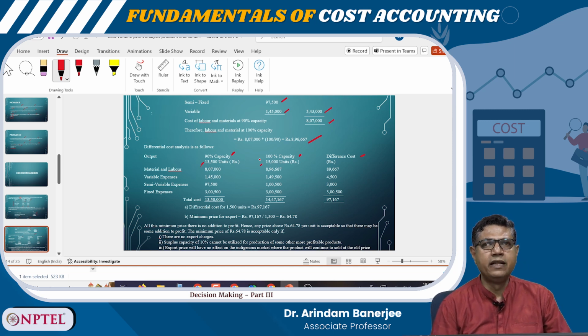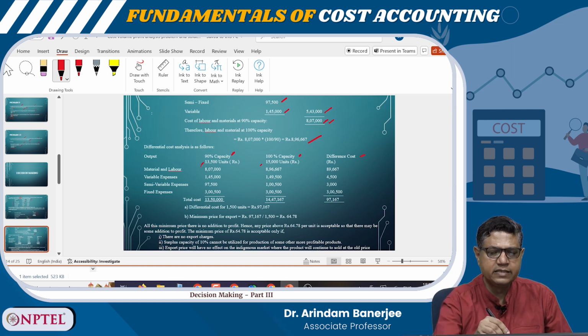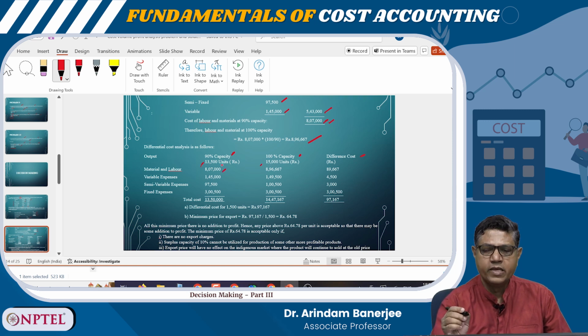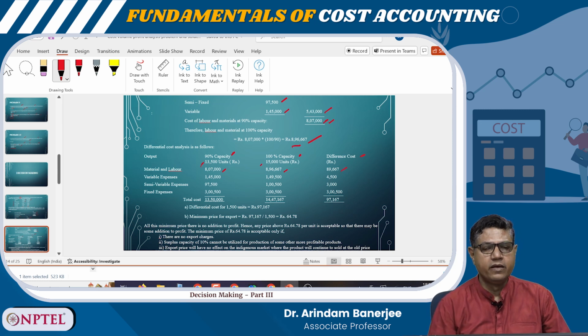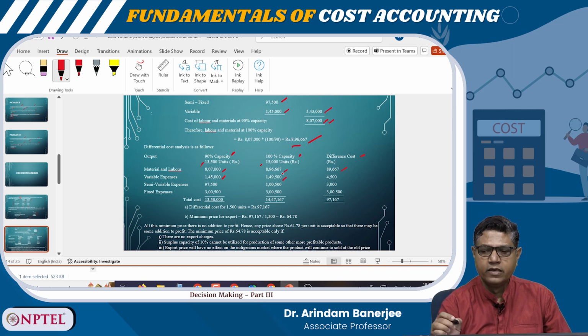Material cost and labor at 90% is 8,07,000. At 100% we calculated 8,96,667. So, the difference between the two is 89,667. Variable expenses 1,45,000 and 1,49,500, so the difference is 4,500.